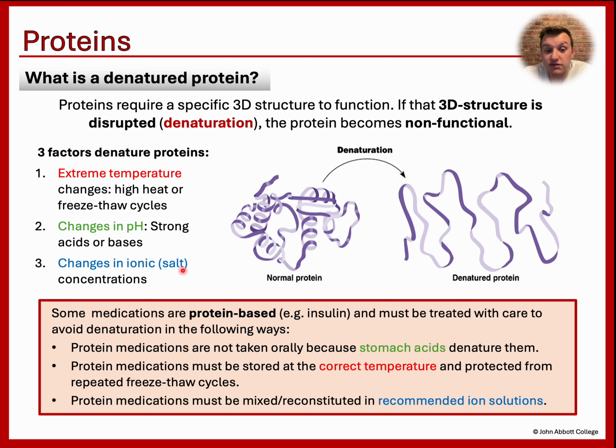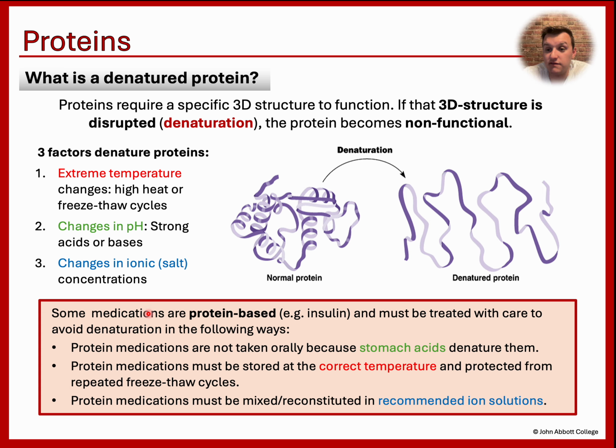Changes in salt concentrations can also denature. So in our body, in our blood, we want very stable temperature. We want very stable pH. We want very stable ions and salt concentrations, right?